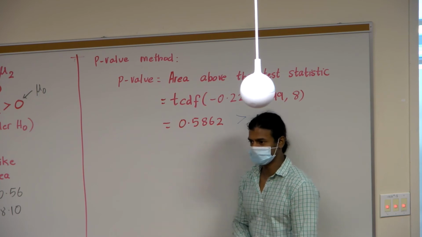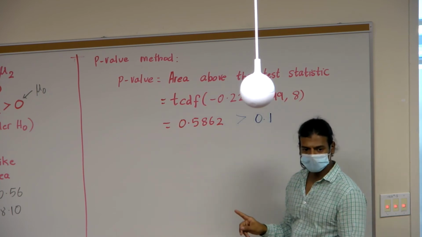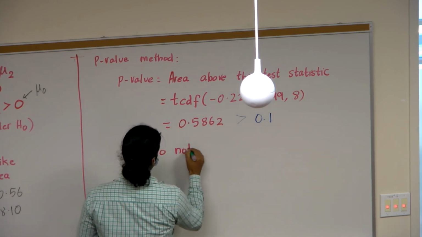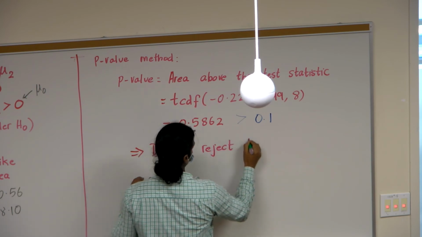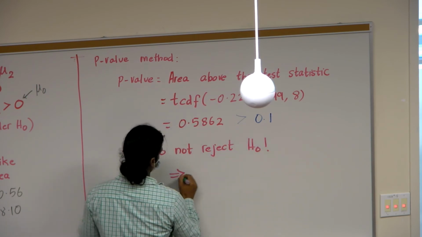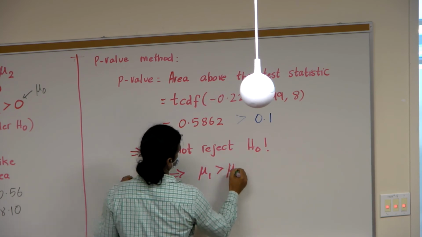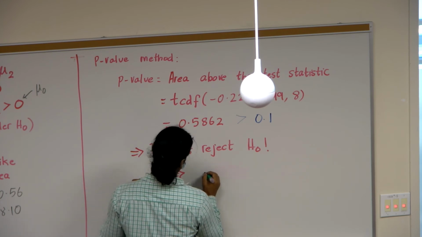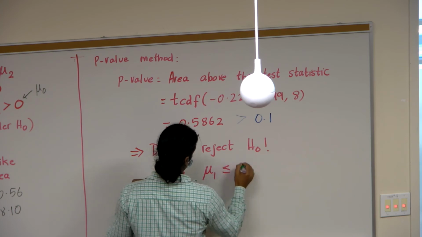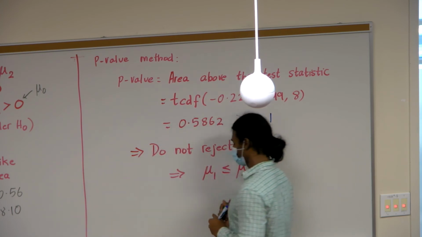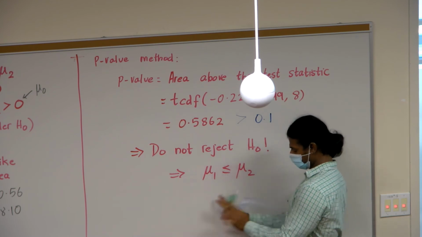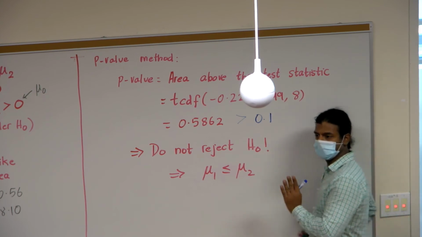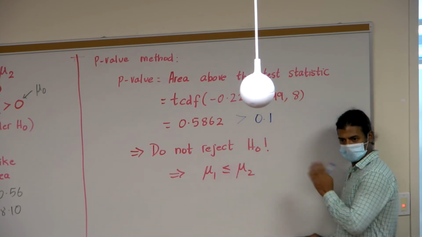No, that is not very smart. So we should not be rejecting the null. So we just say, okay, the null is what we have. Mu1 is either less than mu2 or mu1 is equal to mu2. Clear?